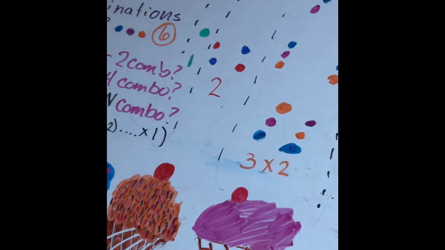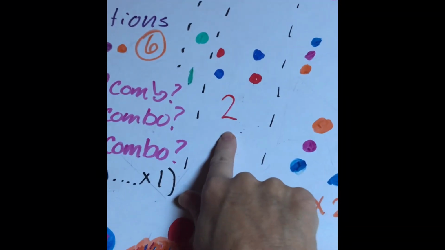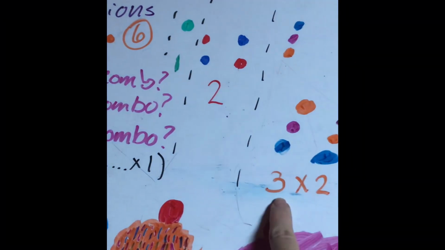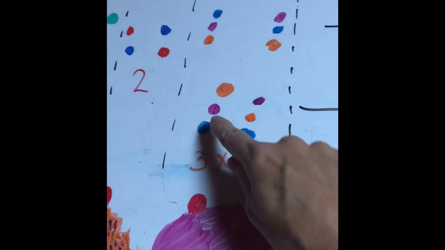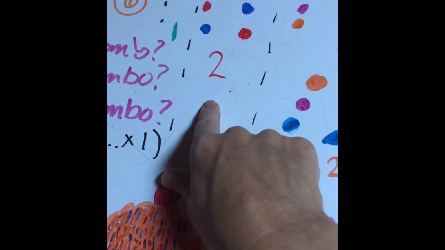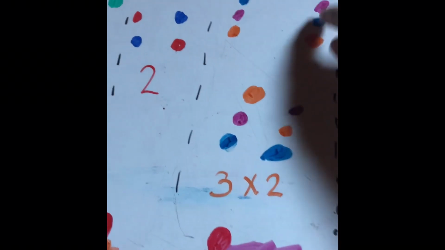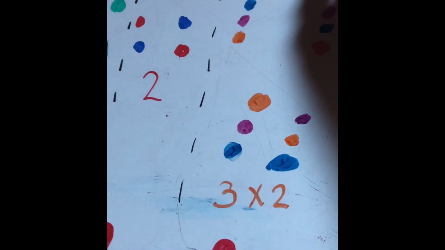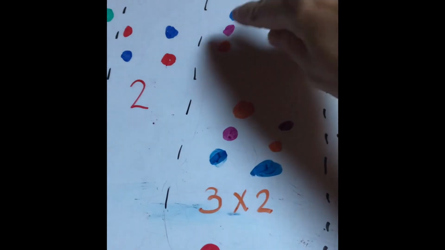Okay, we did our notice and wonder, and what we notice is that each one is the term or the combination, like this one has 3 different combinations, times those combinations before it. So in this one we had 3 different colors, and we had 3 different 2s.